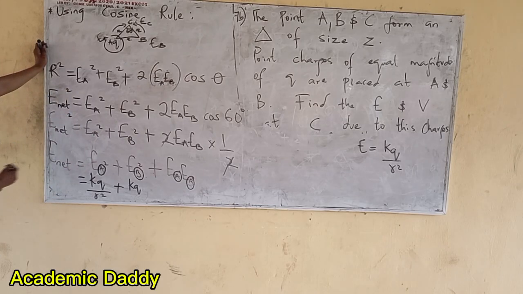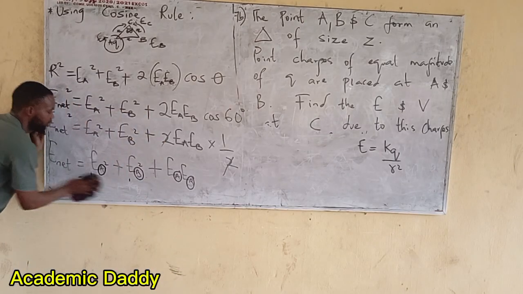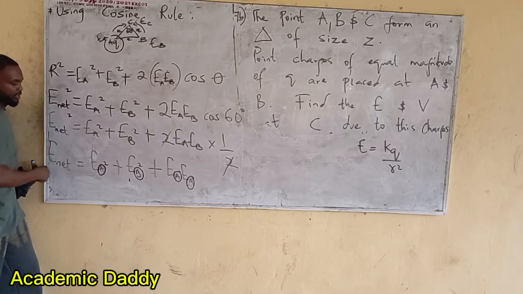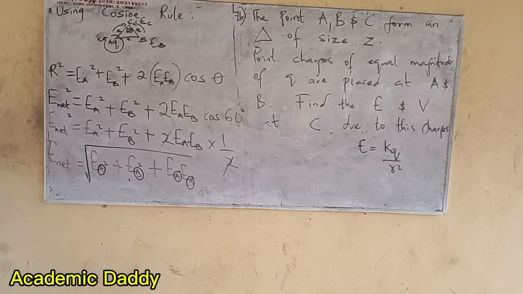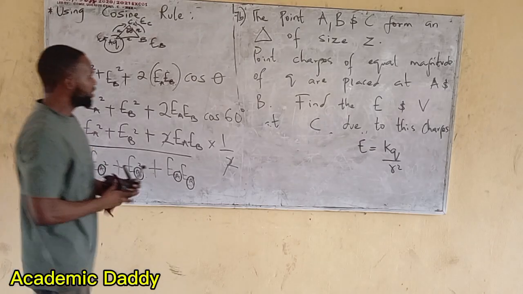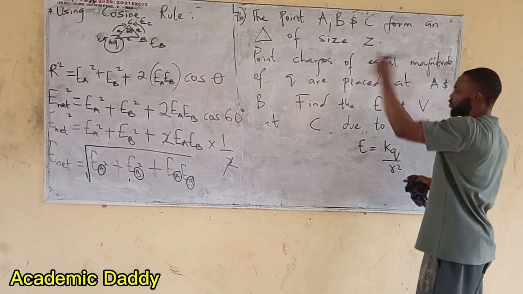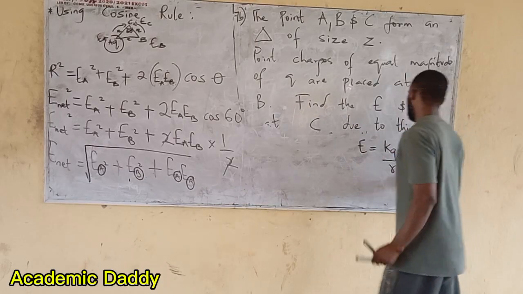I think before I even start putting this in, let me introduce the square root, because it will look plenty. So the square root will now come. Hope I'm not confusing anybody. No. So now that I have this, I will use this because they are source charges, not testing charges. They are somewhere already emanating electric field.